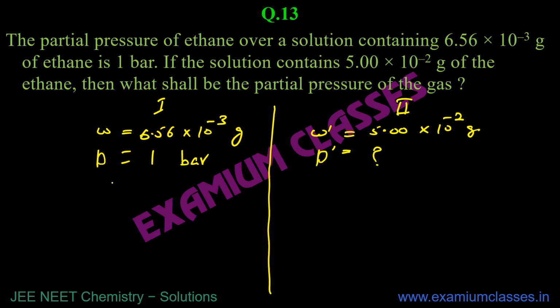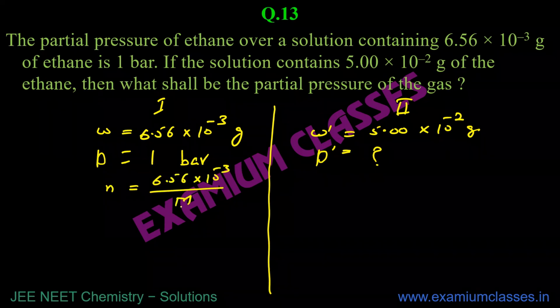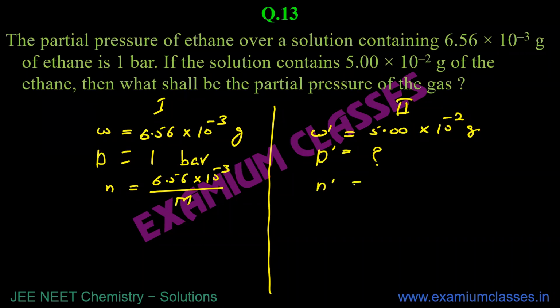If I calculate the number of moles, here it will be 6.56 into 10 to the power minus 3 divided by M, given mass divided by molar mass. Here it will be N dash, 5.00 into 10 power minus 2 divided by M. The molar mass of ethane is the same, it has not changed.